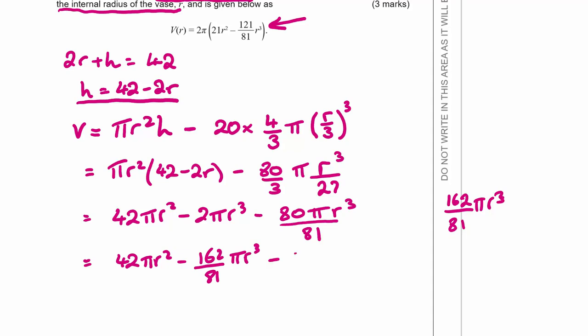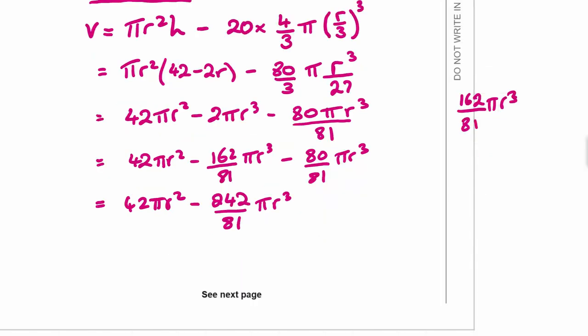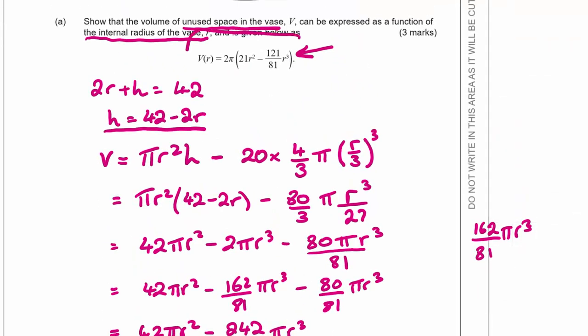Take away 80 over 81 pi r cubed, which gives me 42 pi r squared, take away 242 over 81 pi r cubed. Now if we take 2 pi out of there and open a bracket, we've then got 21 r squared, take away 121 over 81 r cubed, as required. We can see that just here.